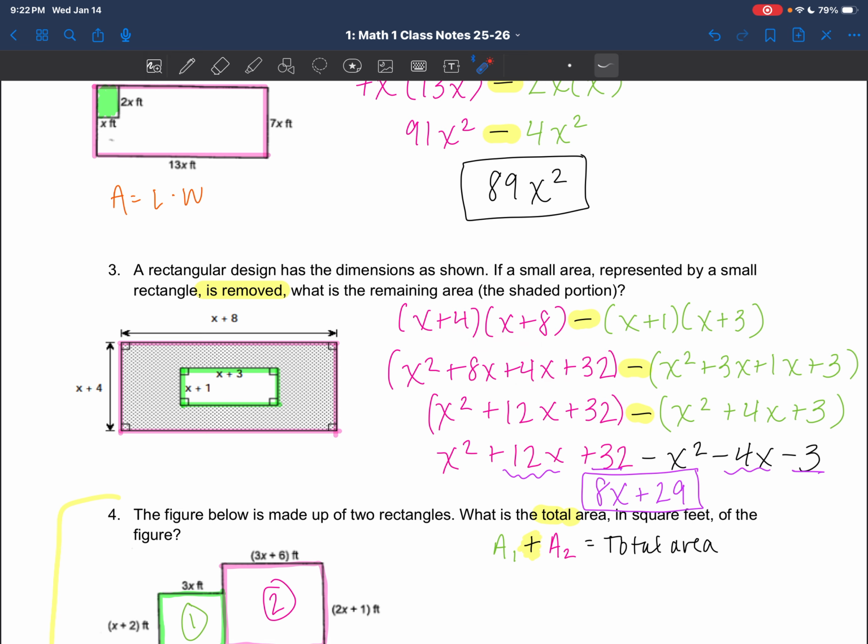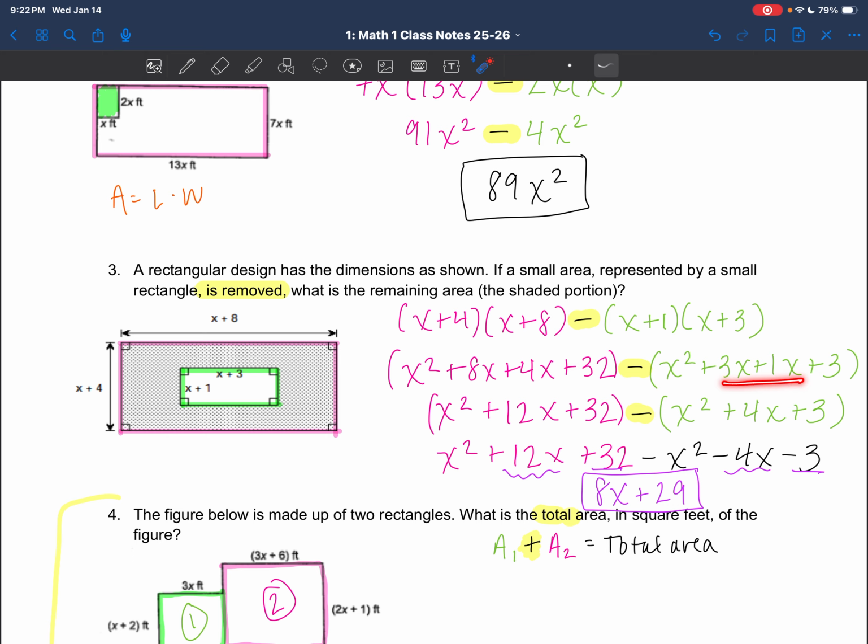All right, and then here we're going to go x times x, x times 3, 1 times x, and then 1 times 3. And then remember, you're still taking all of this away from that. So now let's combine our like terms.